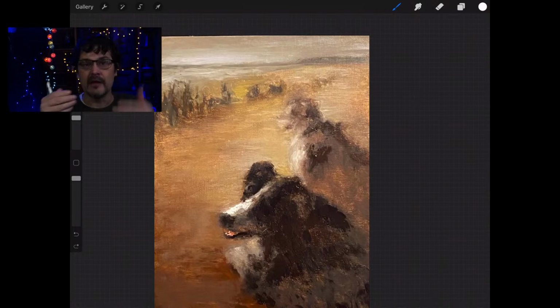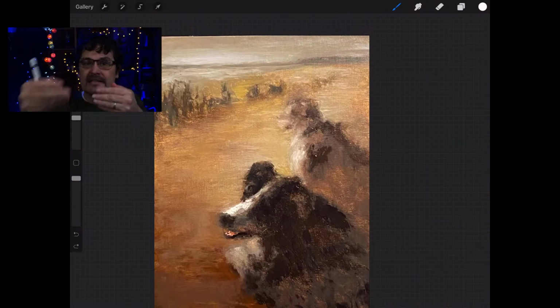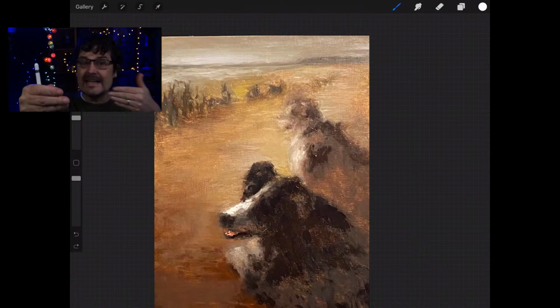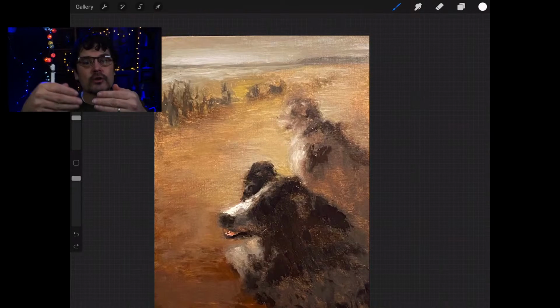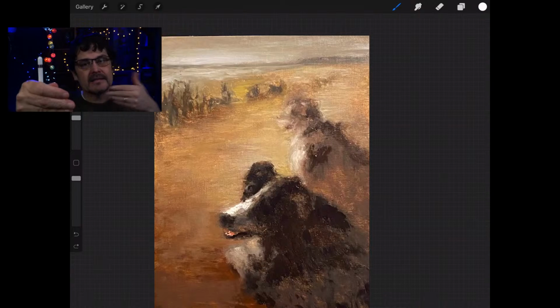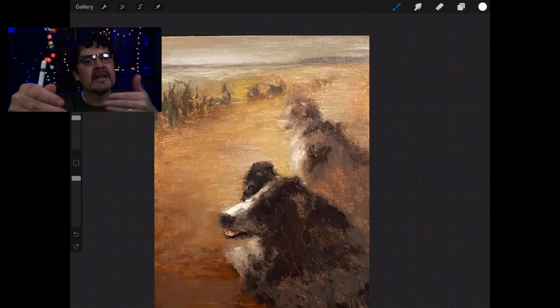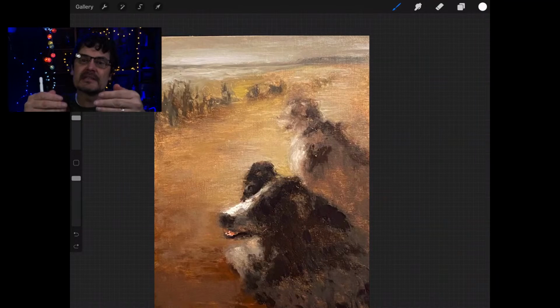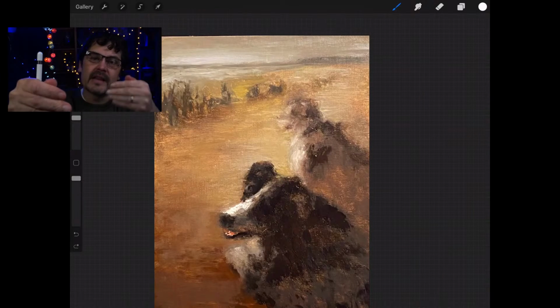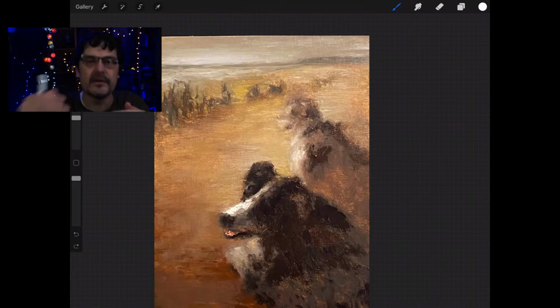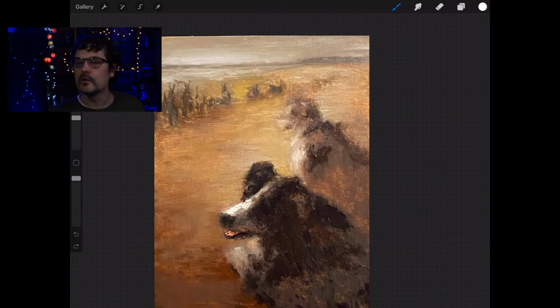So we can think about paint either advancing towards the viewer or receding, being more attractive or less attractive, being specific coming forward or less specific coming back. Why am I saying these words over and over again?